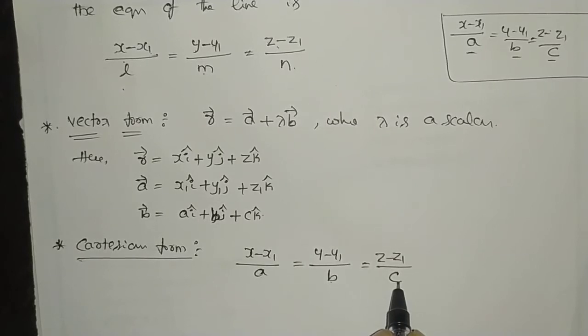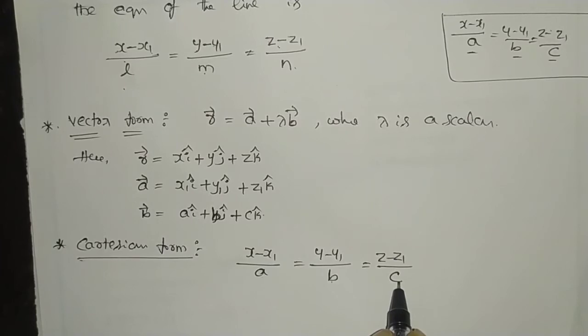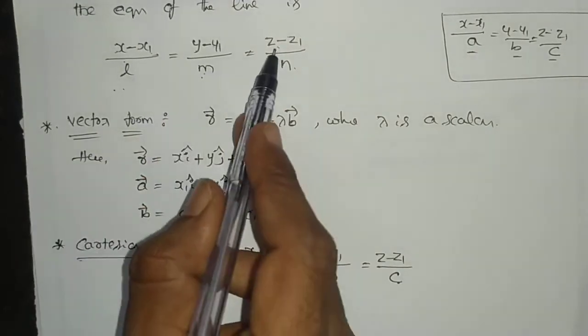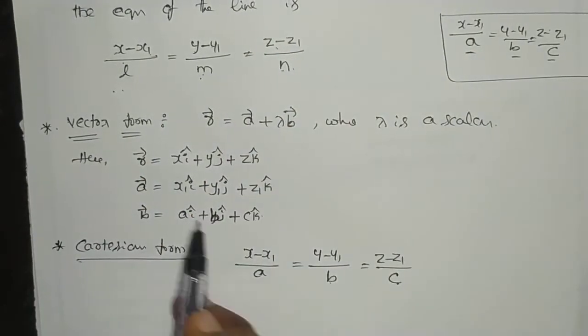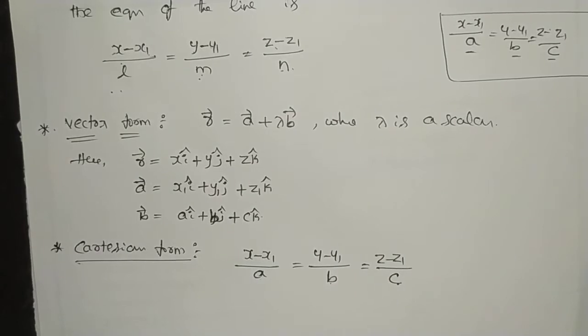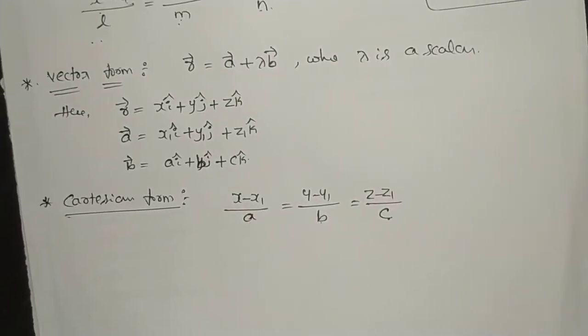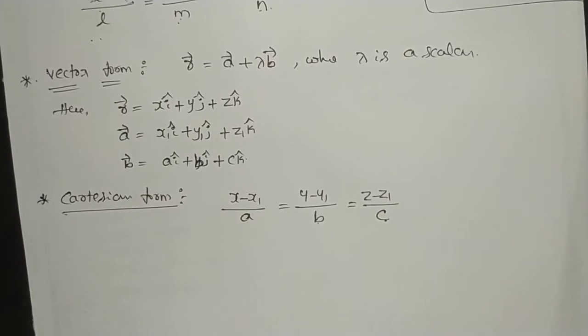If the direction cosines L, M, N are given, then what is the equation of the line? (x minus x1) by L, (y minus y1) by M, (z minus z1) by N. These are the note points belonging to the previous derivation. Based on these note points, we are going to solve the problems.